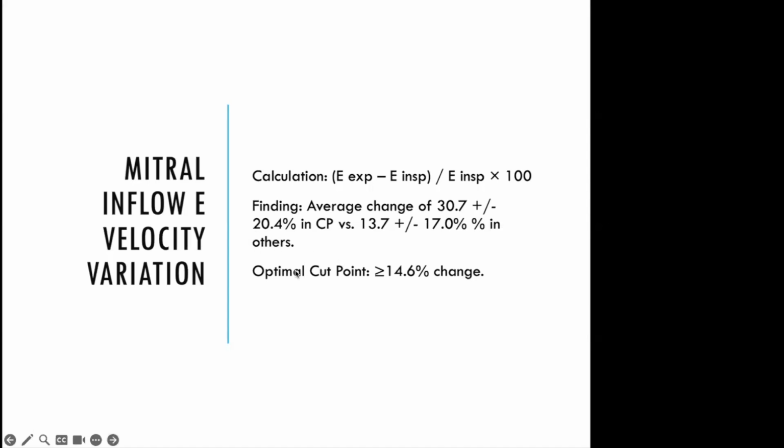This seems somewhat low. In other studies, they've identified higher E velocity variations, upwards of 25 to even 40%. And it seems like it's generally accepted to consider 25% as positive for constrictive pericarditis. And I just want to reiterate that this should be expiration, just so it's not lost.